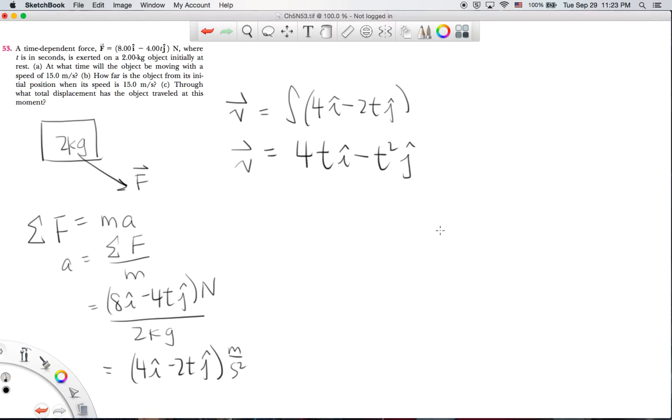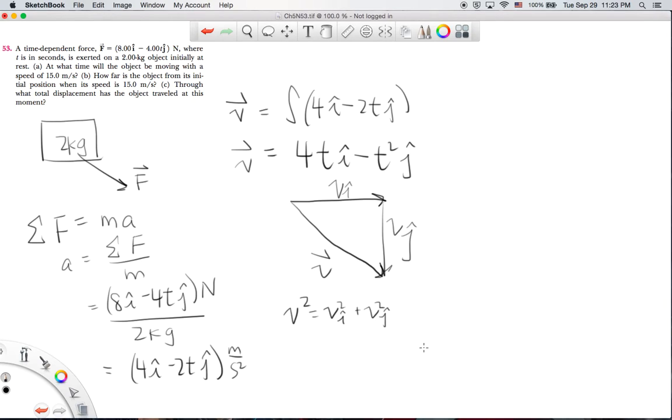So, we know that velocity has two components in this case. So there's velocity in the i hat direction and velocity in the j hat direction, and the resultant velocity is just v. Since this is a right triangle, we know that v squared is going to equal v i hat squared plus v j hat squared.